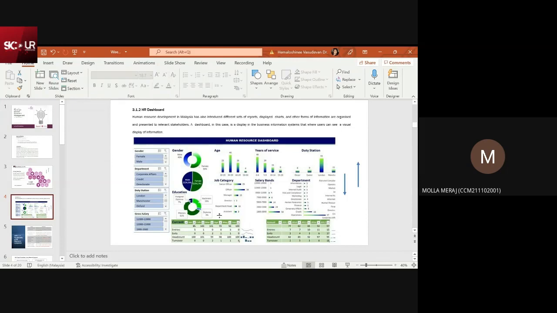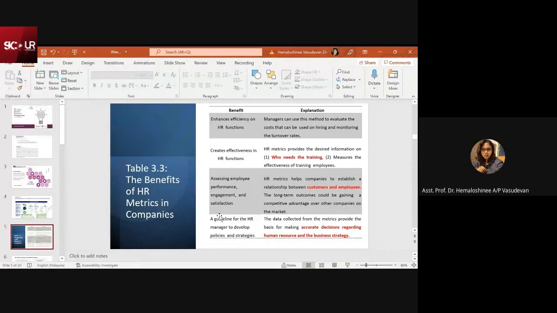Yes, ma'am. Okay, so Table 3.3, the benefits of HR metrics in a company. What are the benefits of having HR metrics in the company? The benefit I can say is that it will make the HR function work efficiently. If HR has metrics, they can identify all the issues accordingly.